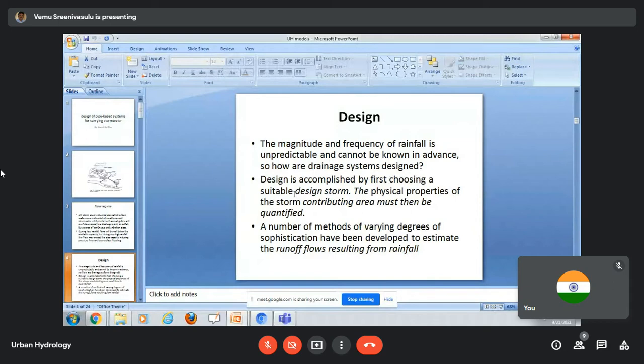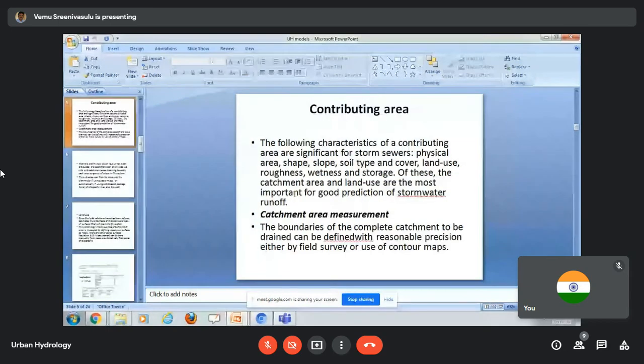The following are the characteristics of a contributing area: physical area, shape, slope, roughness, wetness, and storage. The catchment area and land use are the most important for good prediction of stormwater runoff. So what are the physical characteristics of the catchment?